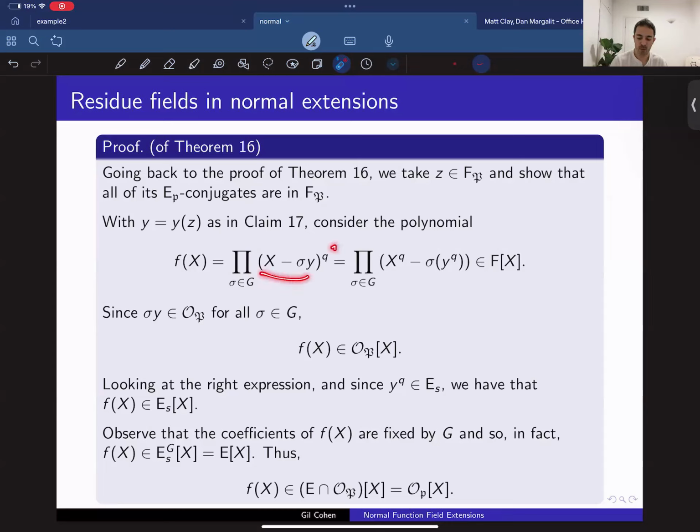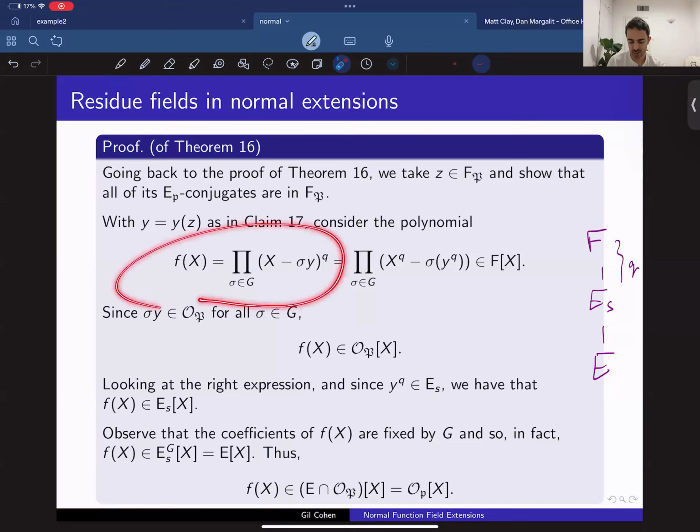I'm taking this thing to the power q, where q is the degree of the extension F over ES, if you remember. So this is a degree q extension. And we know that everything here to the power q is pulled back down to here. Okay, so this is a polynomial.